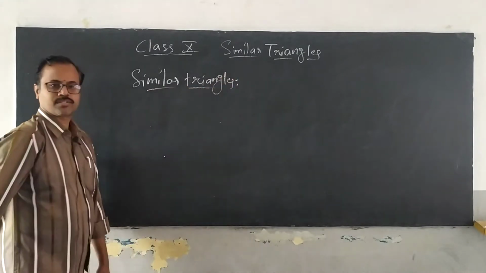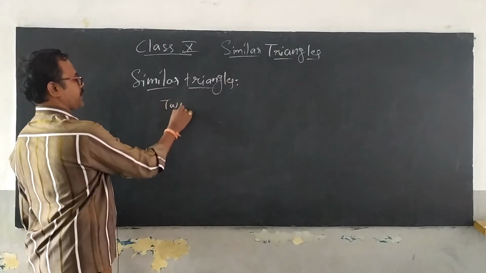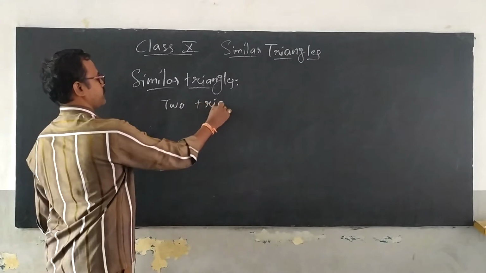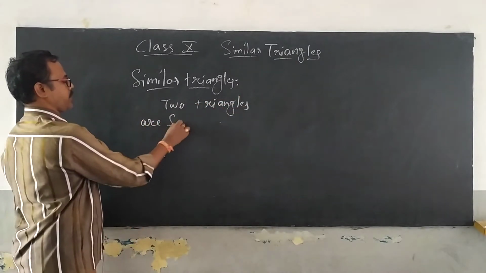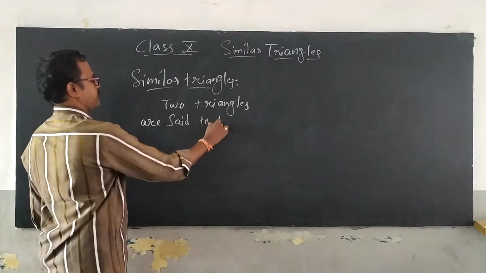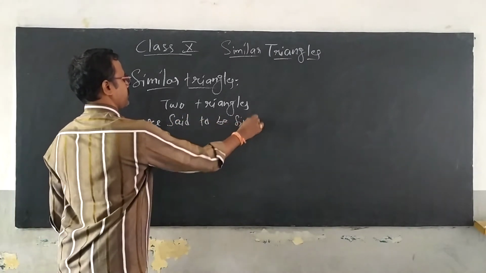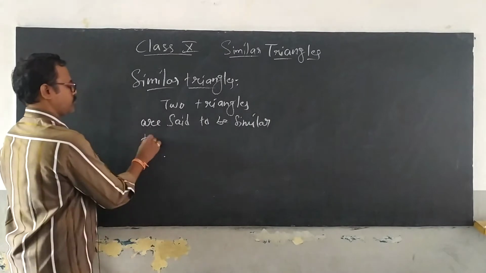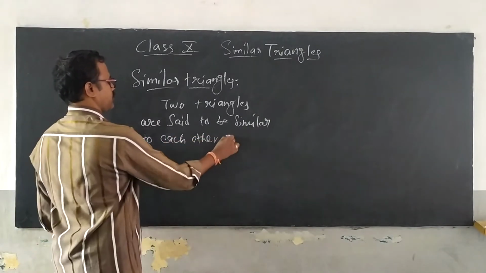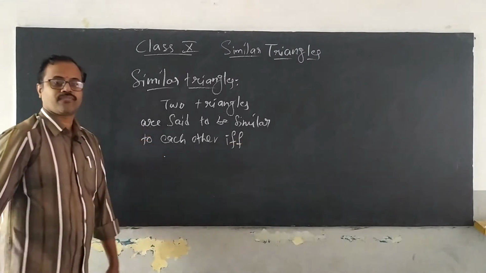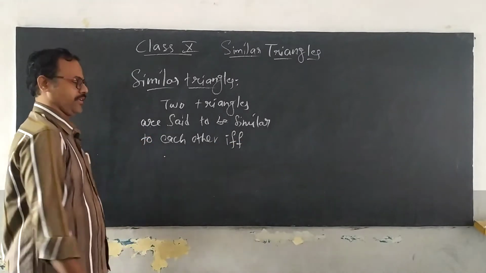Similar triangles. Two triangles are said to be similar to each other if and only if, I said, IFF means if and only if.